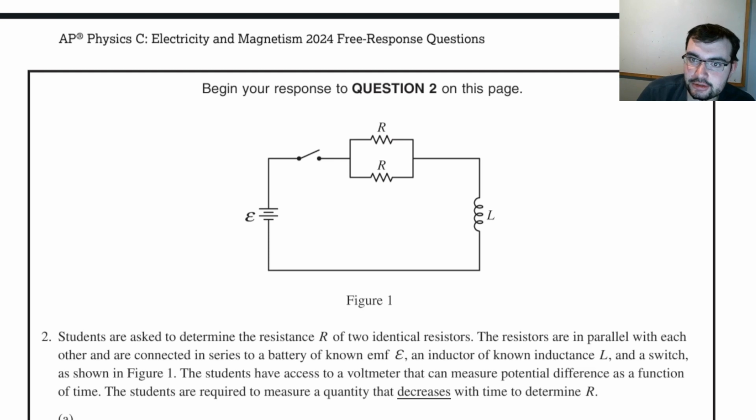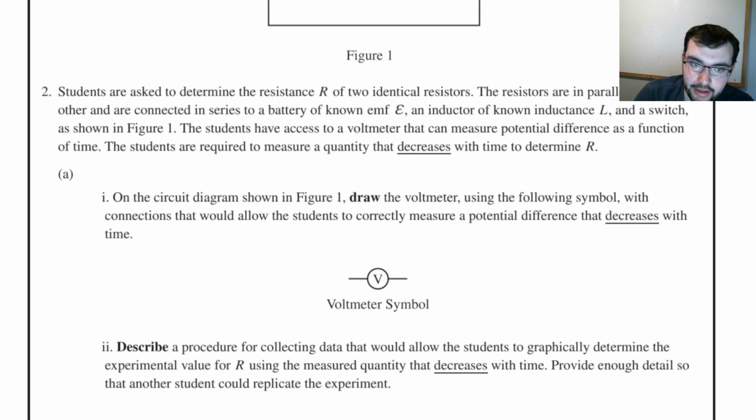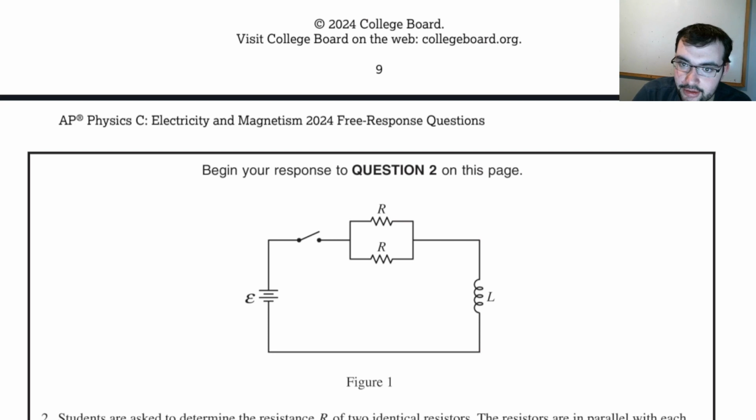So again, it starts with initially no current flowing here. So it's the opposite of a capacitor. So with short times, with this RL circuit, and again, we know that this is really just the same thing as this being an R over 2.